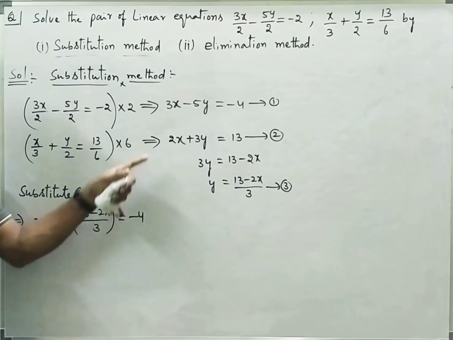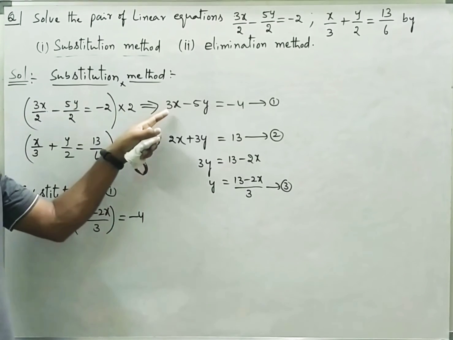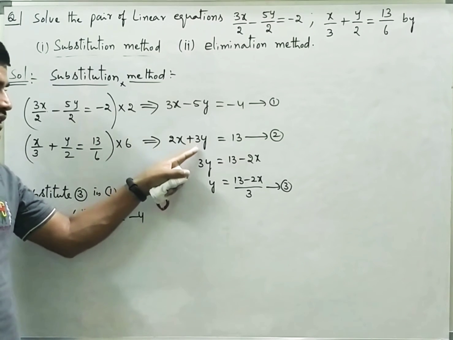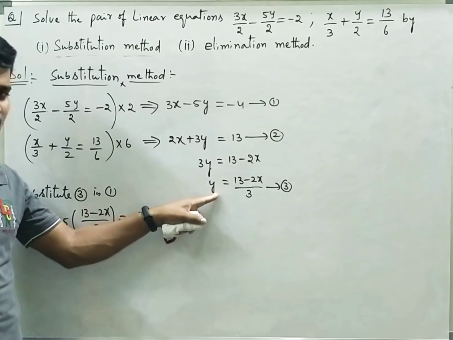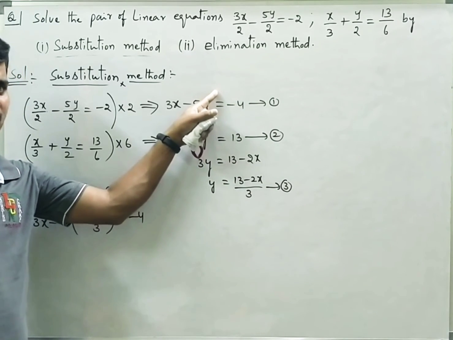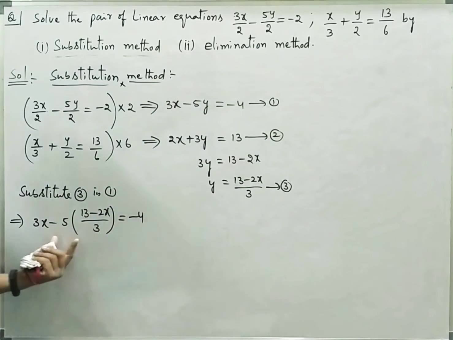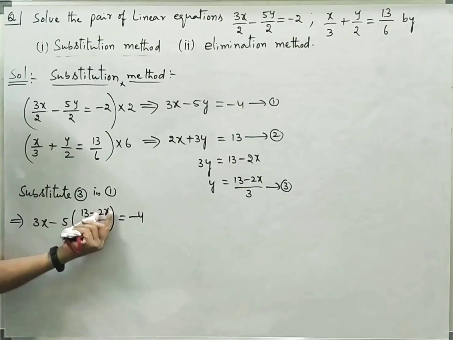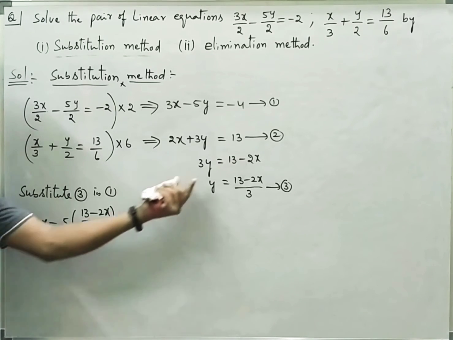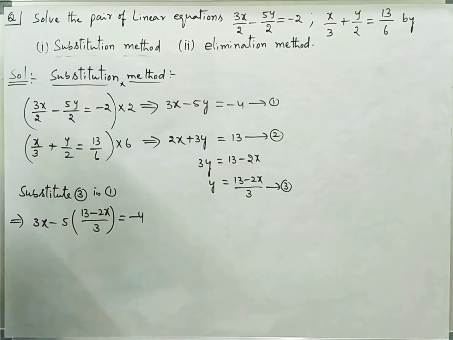Very, very important. How do we solve a pair of linear equations in substitution method? First of all, we write one of the variables as subject and that value has to be substituted in the other linear equation, and by that we will get an equation in only one variable. We will get that value and we have to substitute it in any one of the equations.